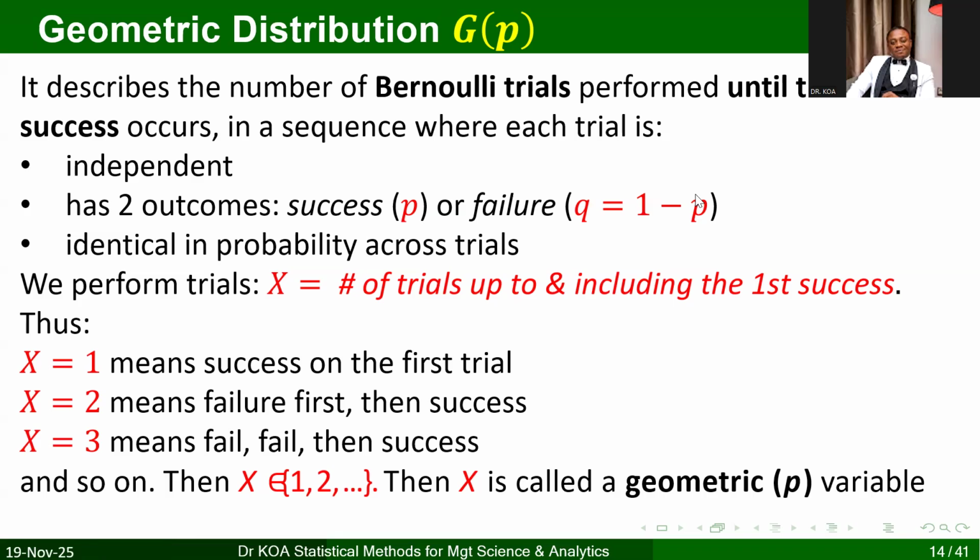If X is 2, it means success on the second trial, but failure on the first trial. If X is 3, it means success on the third trial, but failure on the first and the second trial. Does that make sense? Yeah, so you stop when you succeed.